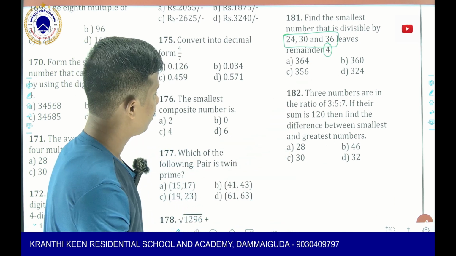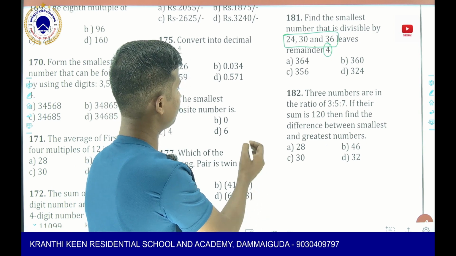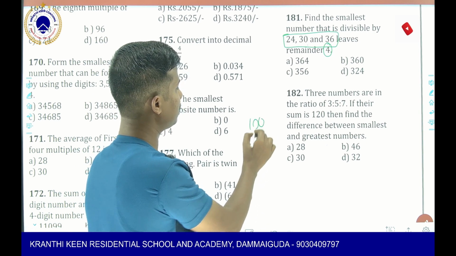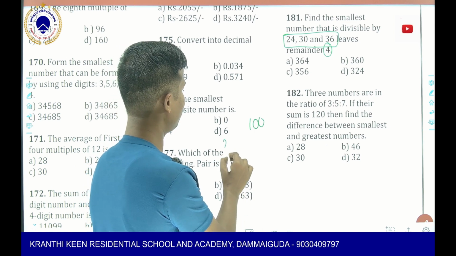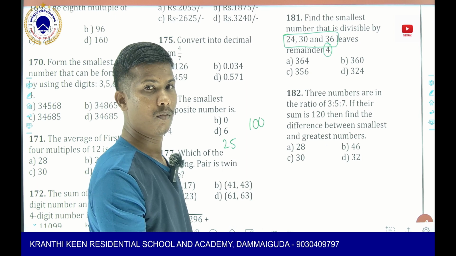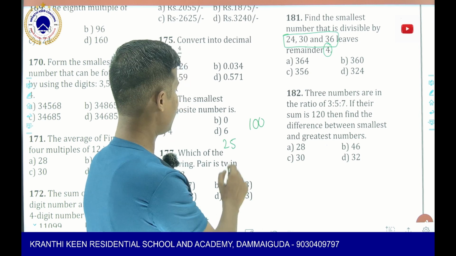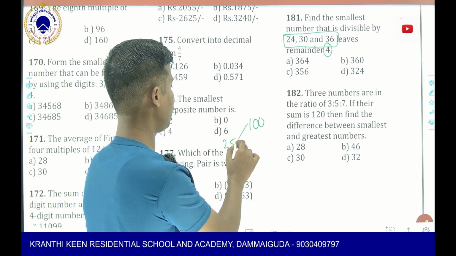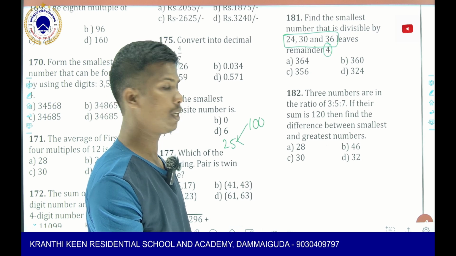That means, for example, if a number, say 100, gets divided by some number, it may be 25. The question may ask that if 100 is divided by 25, we have to get the remainder 8. What is the number he asked?